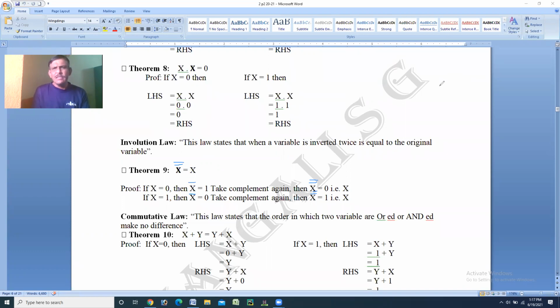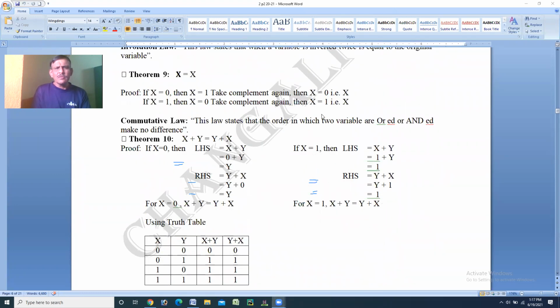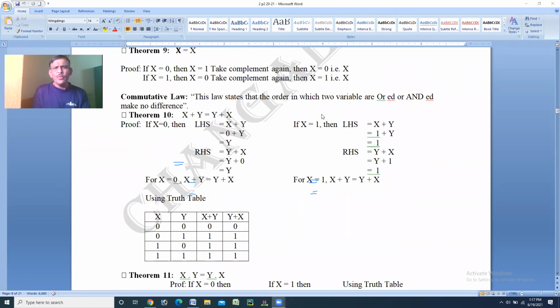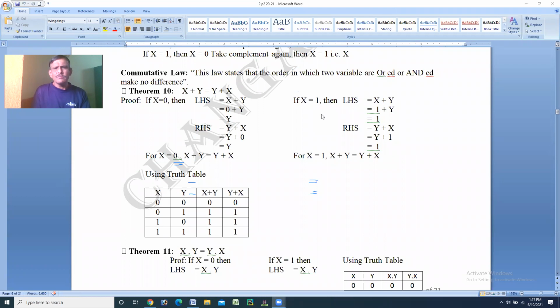Then next we'll go. The next law is called as commutative law.